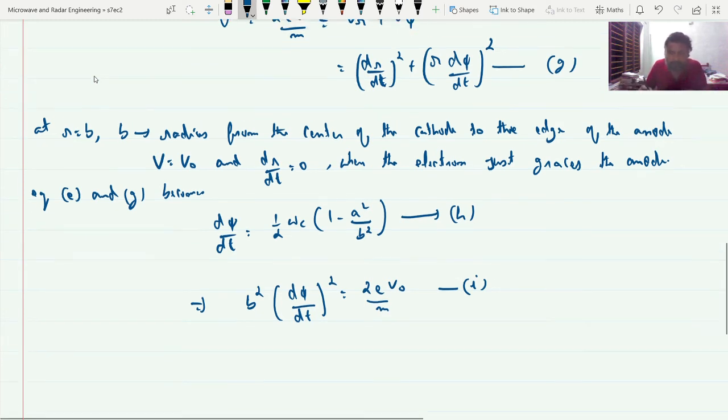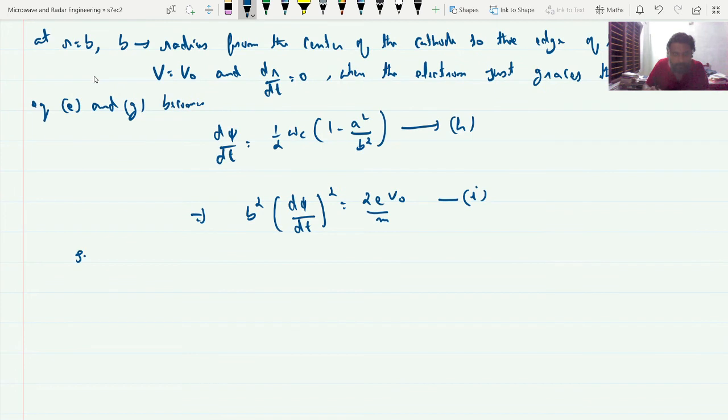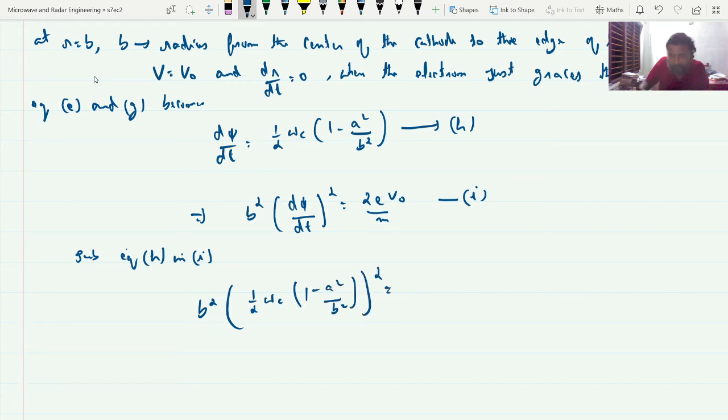You just substitute equation H in I. What you will get? b square into 1 by 2 omega c 1 minus a square by b square the whole square equal to 2e V naught by m. Call it as equation J.